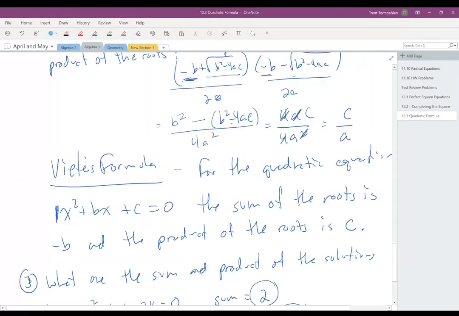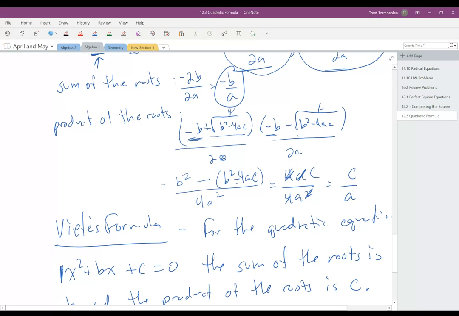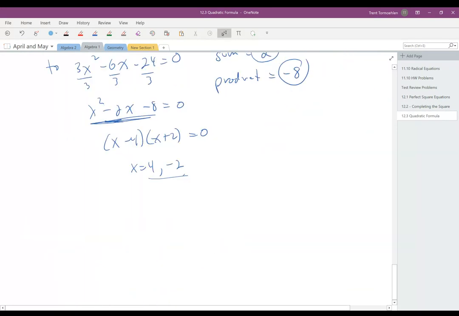Rather than using the quadratic formula like we did up here, you could also say, let the roots be R1 and R2. And so you'd say x minus R1 times x minus R2 equals 0 would be the factorization of this quadratic. And when you multiply this out, you get x squared minus, well, it's going to be negative R1x, negative R2x.